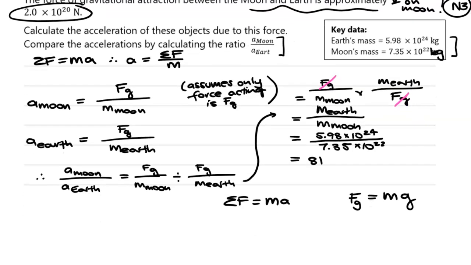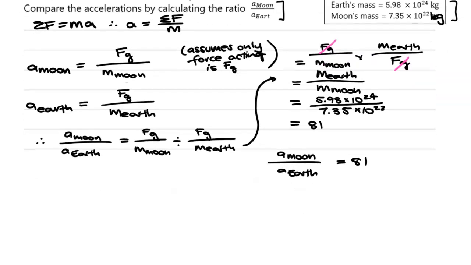Okay, so apologies, I realised as I was doing that question that I accidentally quoted the moon's mass in meters. It should have said kilograms there. So what we've done here is we've calculated the acceleration of the moon divided by the acceleration of the Earth equals 81. What that actually means is, if we multiply a Earth to both sides, the acceleration of the moon equals 81 times the acceleration of the Earth.